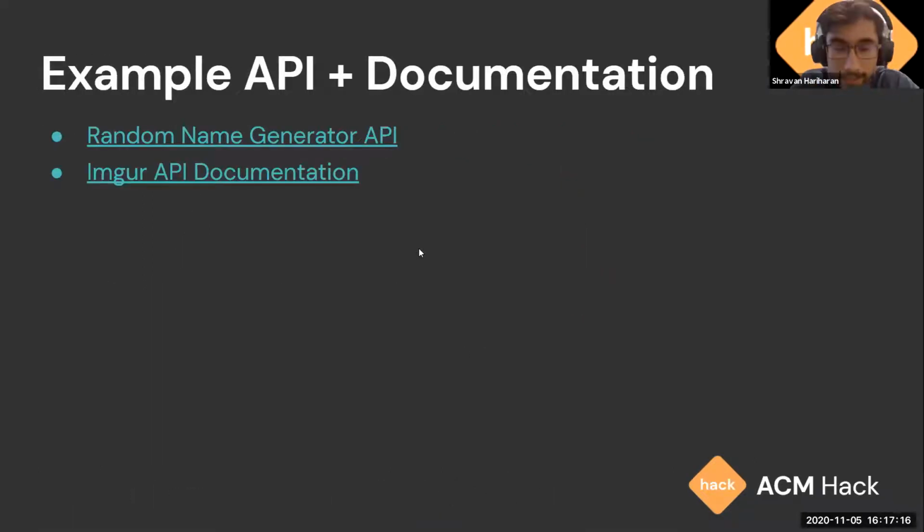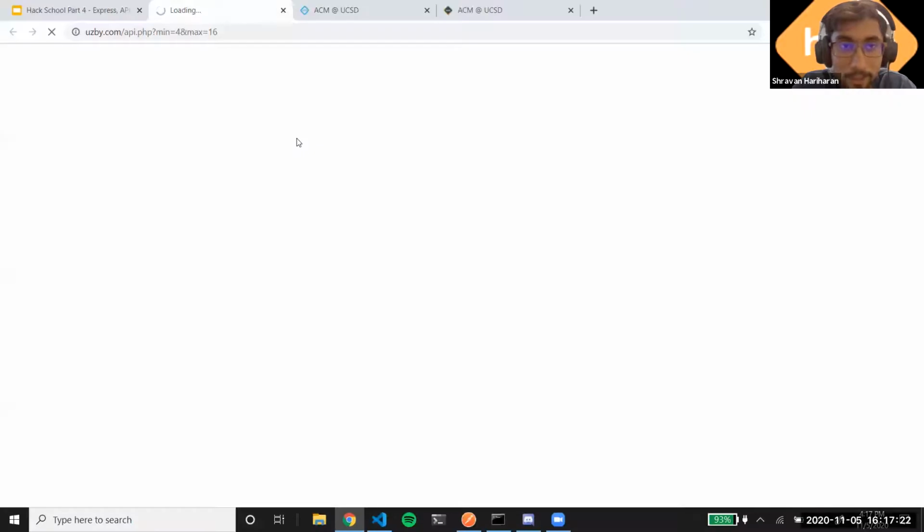So we can have a look at an example API and an example documentation. We have two examples here. The first one is a random number generator API. This is a very, very simple API. Basically, you make a GET request to this URL, and it just returns a random name. One thing to note is that when you access something in your browser, that's automatically a GET request.